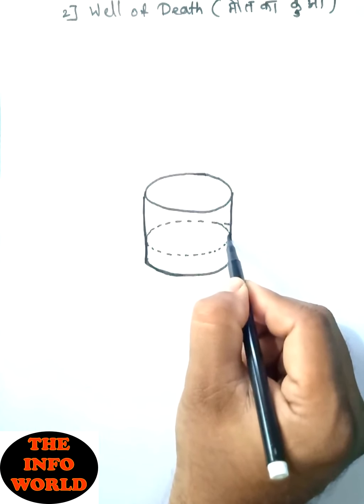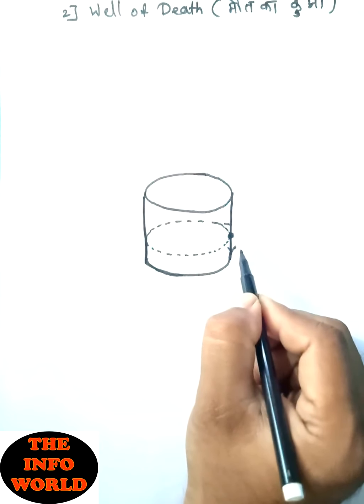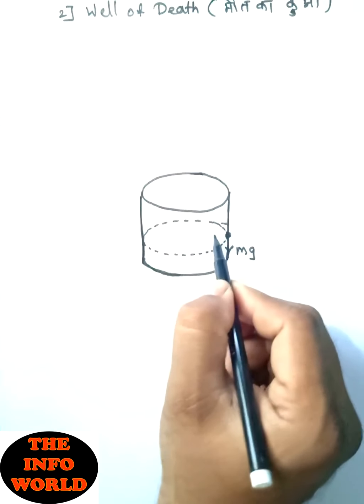So considering the stuntman as a point force, the weight of the stuntman and vehicle will act downward, mg.